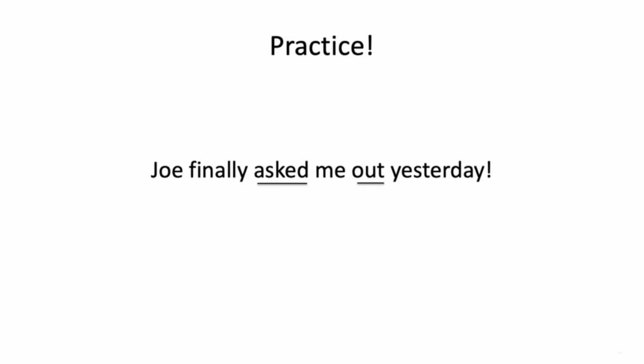Notice how you can place the preposition after the subject or object, which in this sentence is me. To ask out means to ask someone to go on a date with you. For example, go for dinner, or to the movies, or out for a drink.